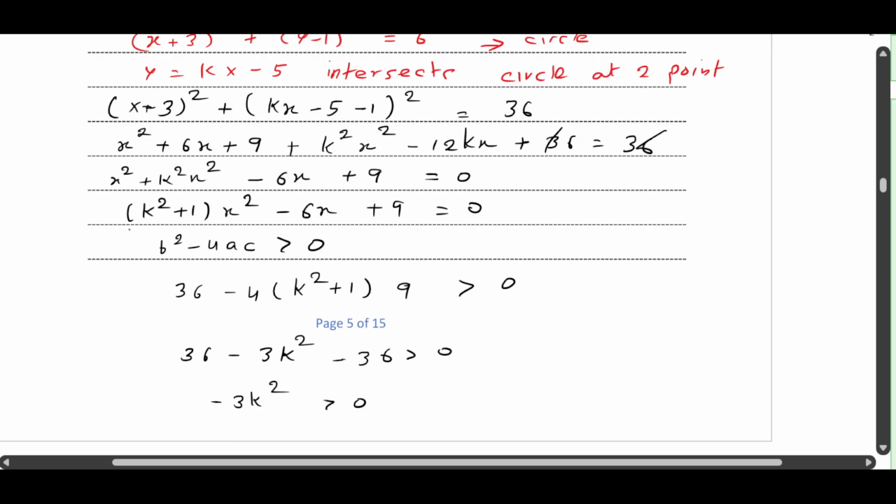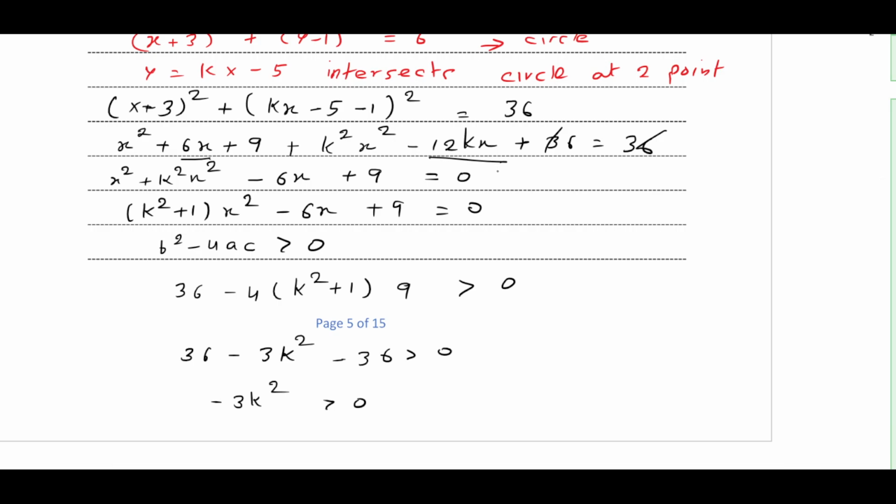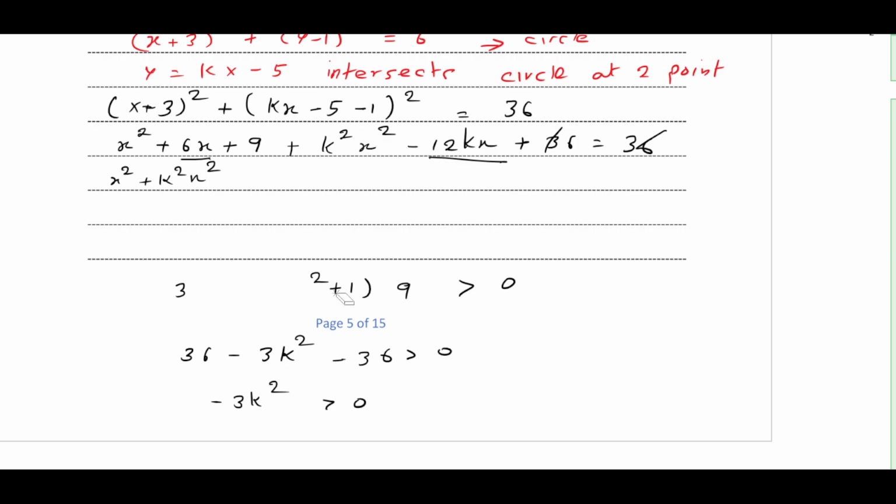Here, this 6x and this minus 12kx, I simply said that this is minus 6x. No, I cannot do that. I just did not pay attention to this k. So this part I have to do again. We will all do it together.